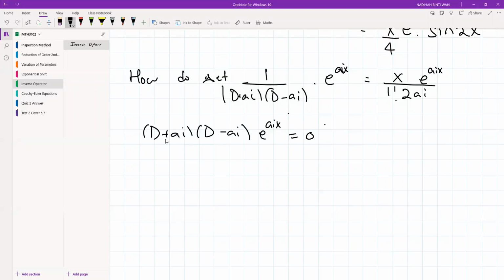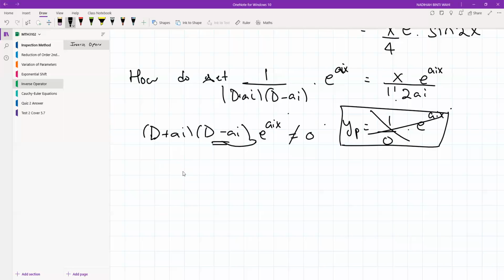Betul tak dapat kosong? Sebab faktor yang ni, dia macam yang kita buat L of A sama dengan kosong tu. Kalau kita differentiate, akan dapat kosong. Sebab bila kosong, dia akan jadi YP sama dengan 1/0 times e to the AIX. So saya tak nak yang ni.